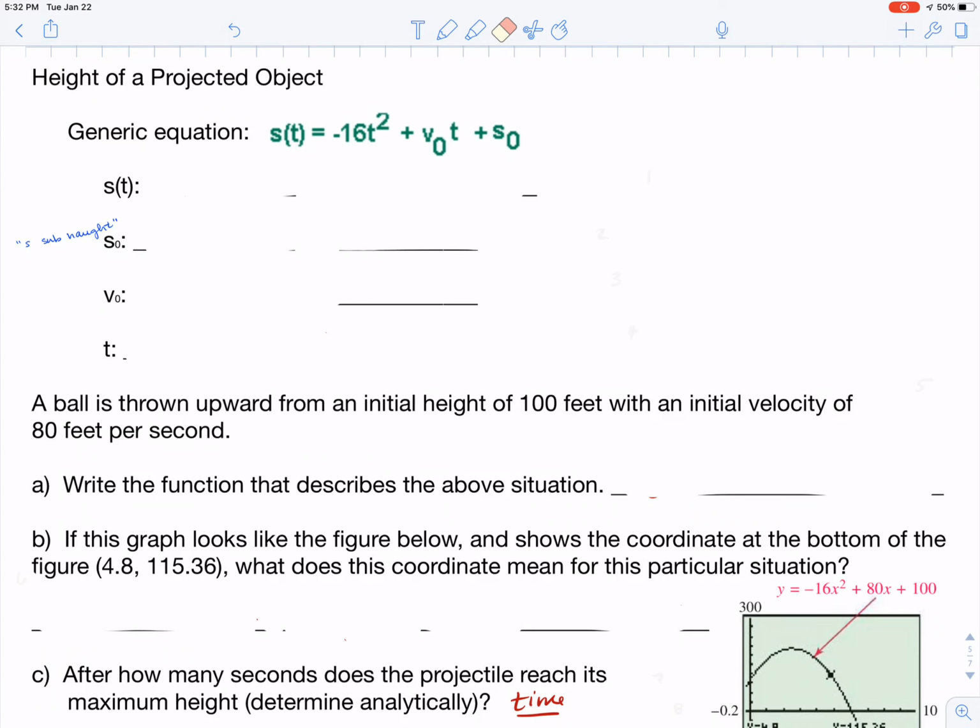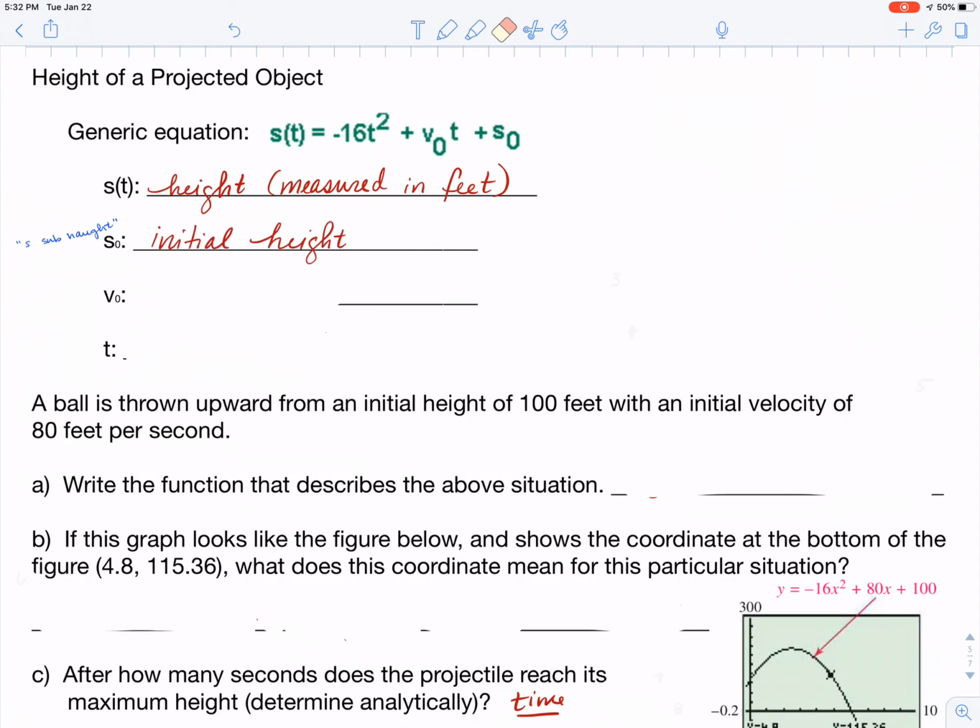So the generic equation you can see there on the screen in green is s of t is equal to negative 16t squared plus v sub 0, or v sub naught, times t plus s sub 0, or s sub naught. So let's define a few of these things first. S of t is going to be the height measured in feet.